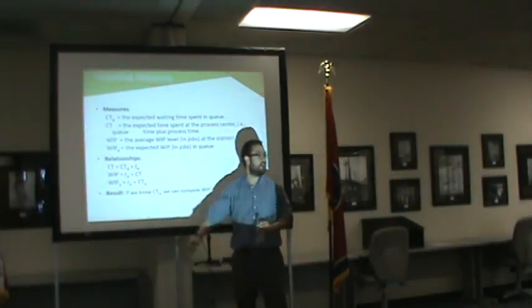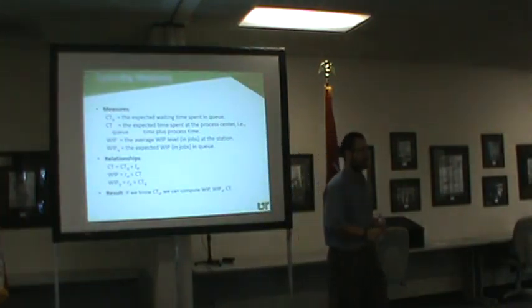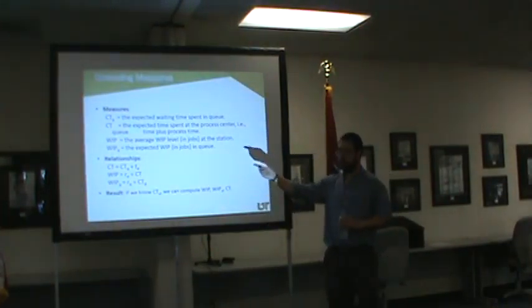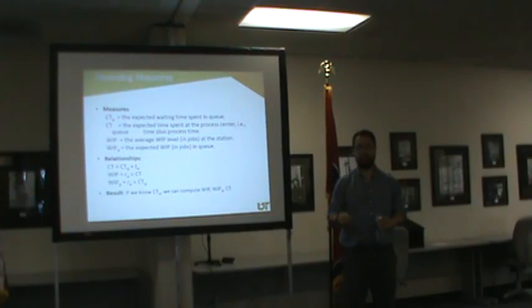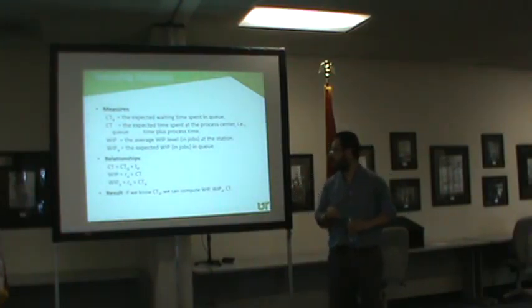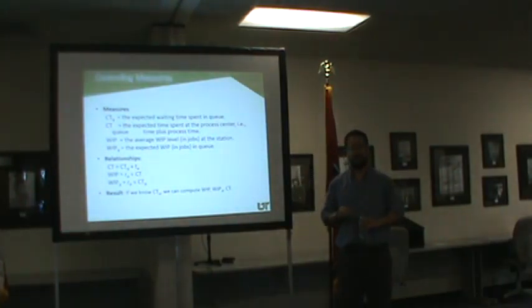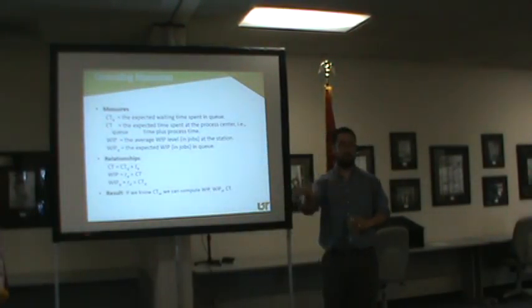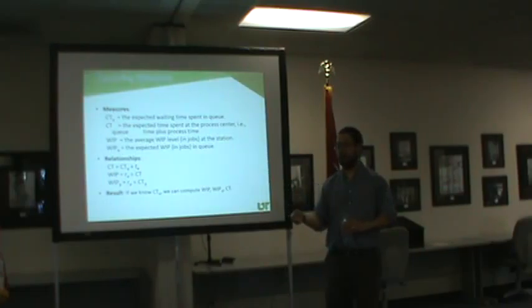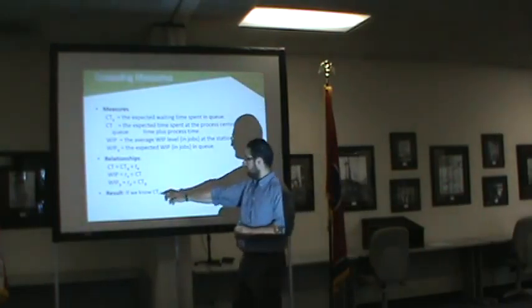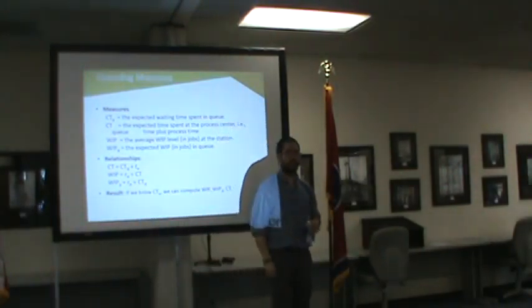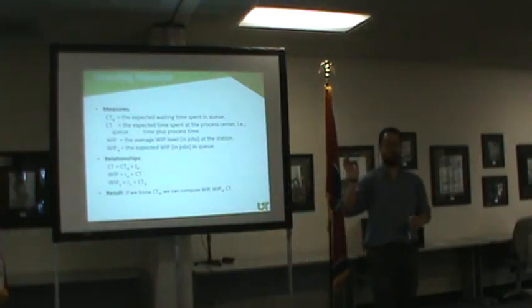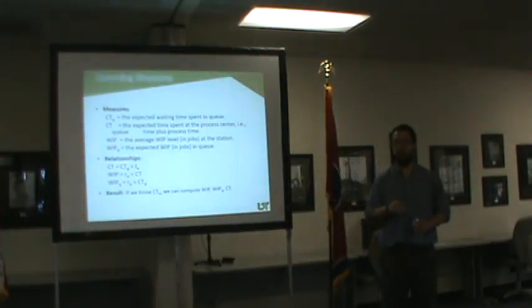What was in Little's law, RA? Rate of arrivals. Here is rate of arrivals, but what was in the initial formula that we had? Throughput. Okay? So we have a new name for throughput now. Throughput is rate of arrivals from the perspective of queuing theory. Okay?